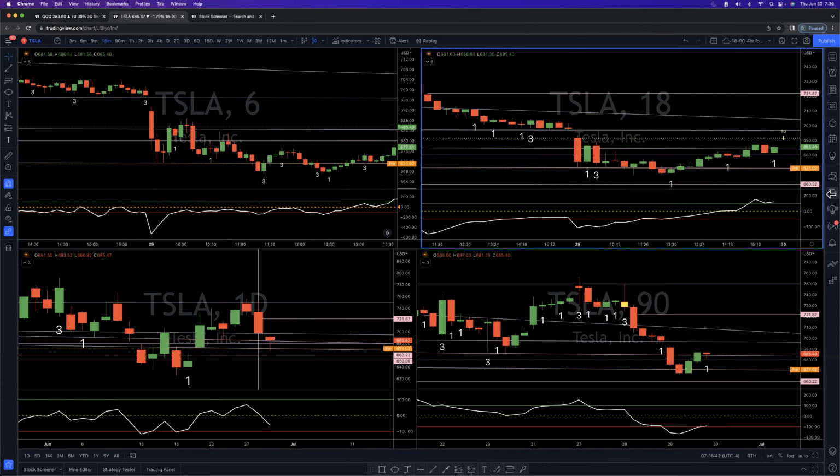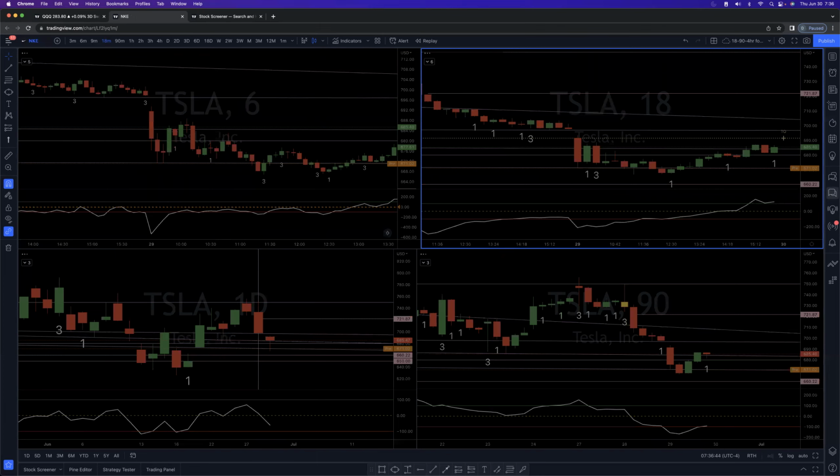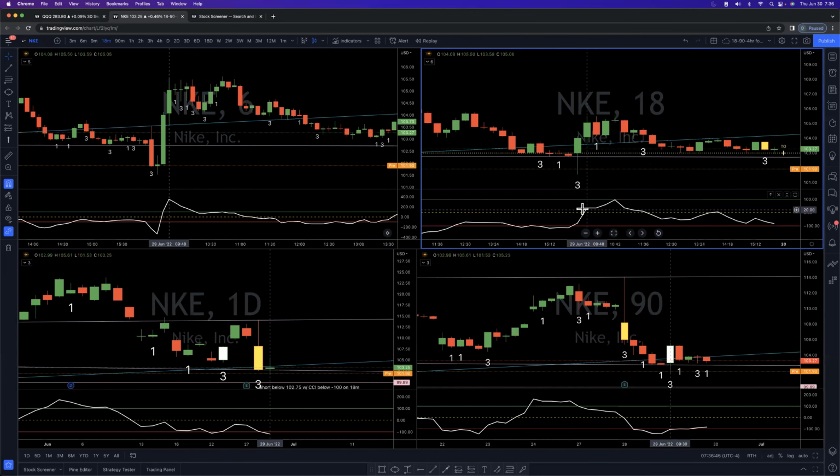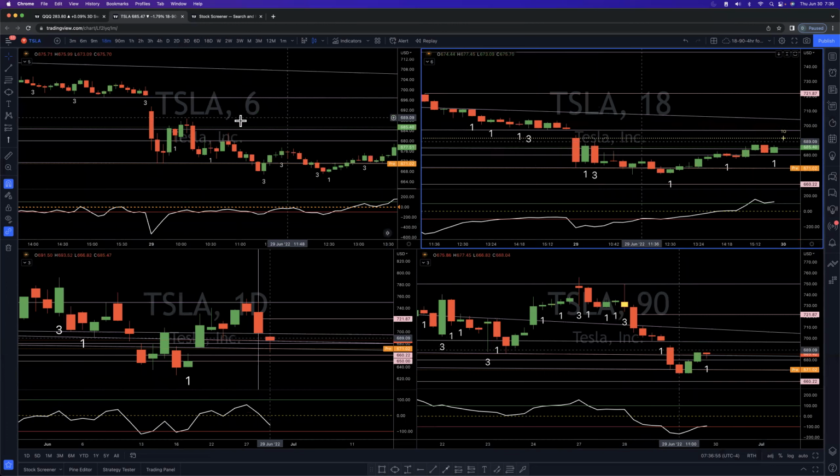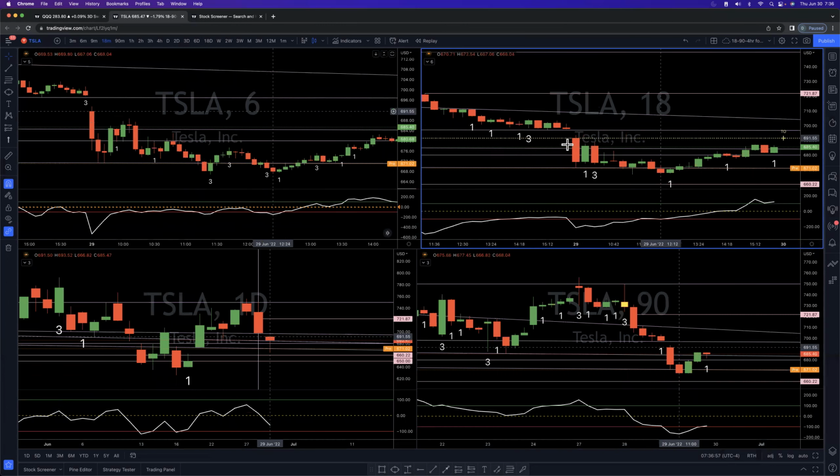I'm not looking to go long. Nike was an opportunity because the momentum took it up. Tesla was not. And so that's what I want to really compare, contrast here for you today, why Nike probably worked if you had gone long and why Tesla would not have.